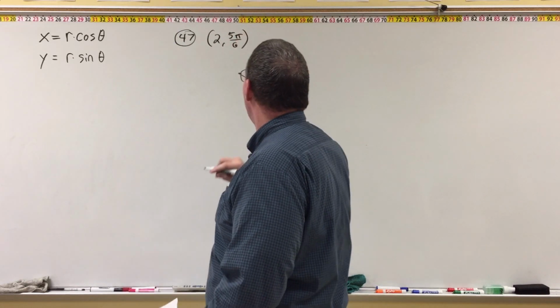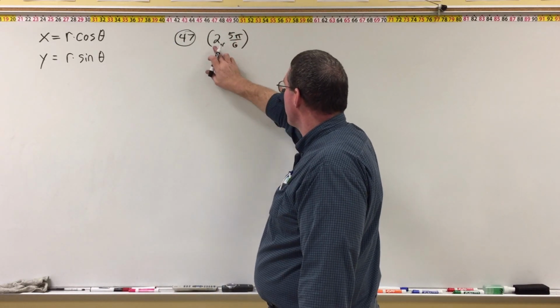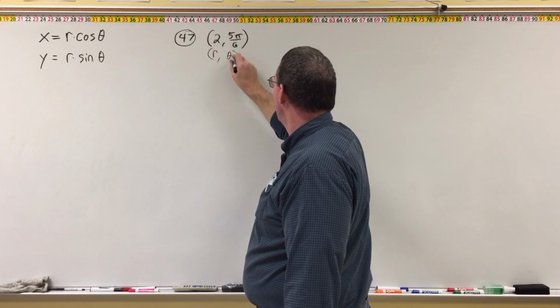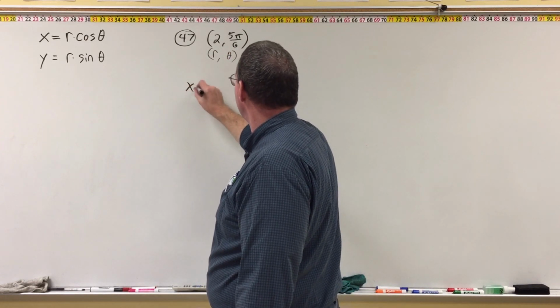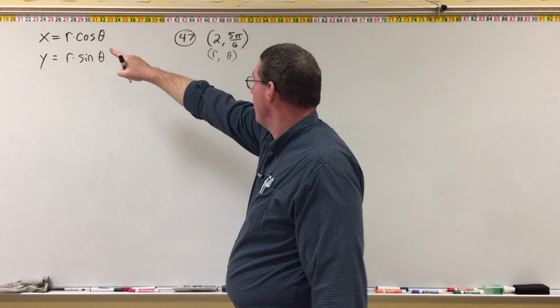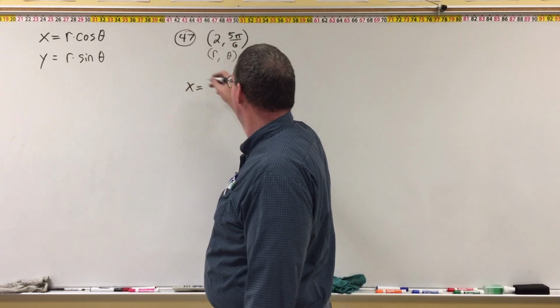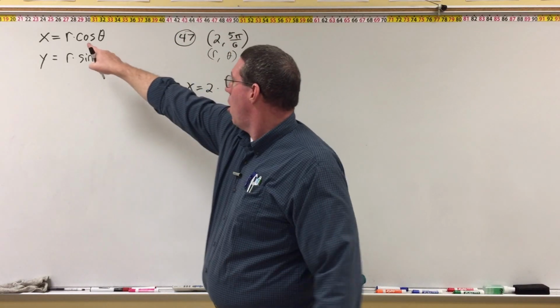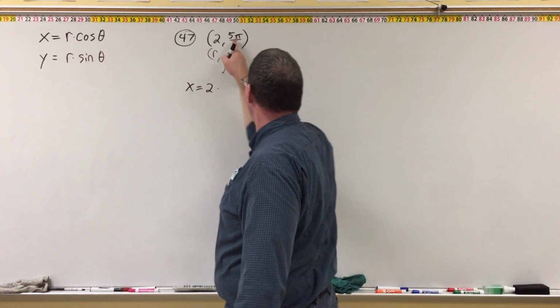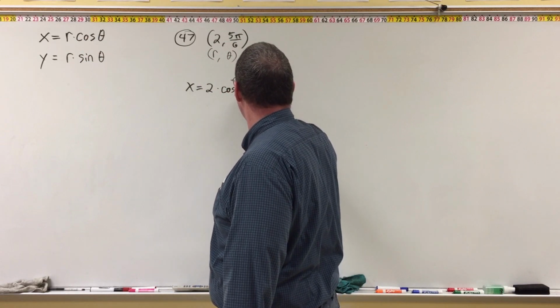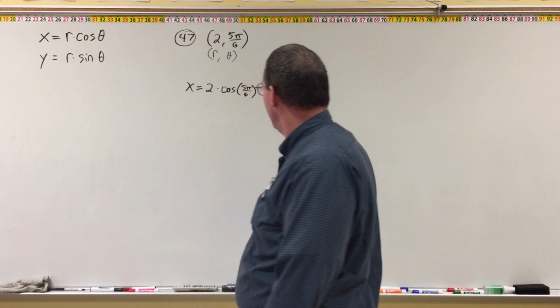So this is a radius, this is an r, and this is a theta. To get the x coordinate, we just need to plug the r in for the r over there, and the theta into the theta over there. So the radius is 2. We're going to put a 2 in for r, and then cosine of 5 pi over 6. Maybe we do need the unit circle here.